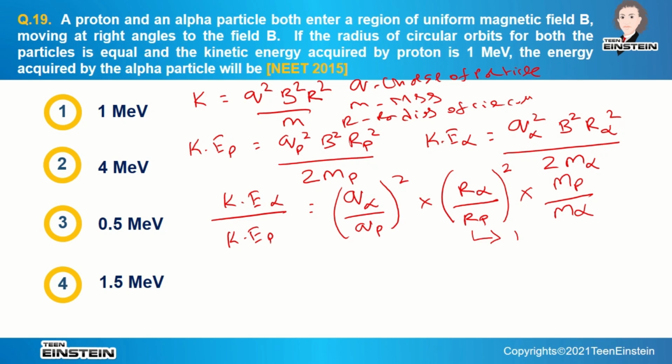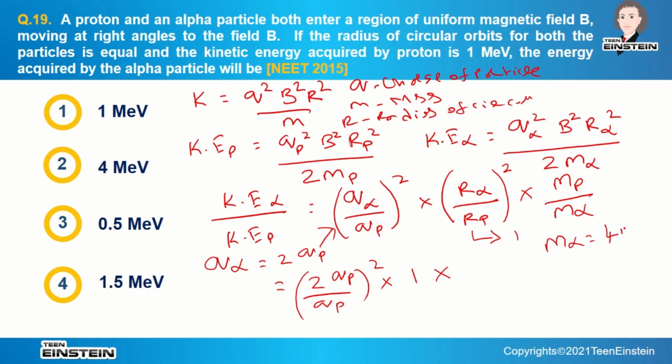The next thing is the charge of an alpha particle is 2 times the charge of a proton. So q alpha is equal to 2 qp, and you can substitute in this. So this will become 2 qp by qp the whole square into 1, because the radius is equal. Similarly, the mass of an alpha particle is 4 times the proton, so m alpha is equal to 4 times mp.